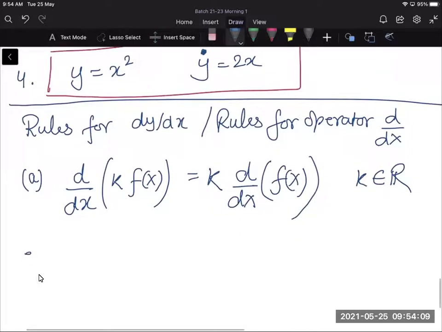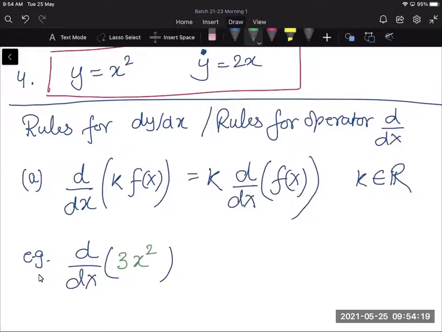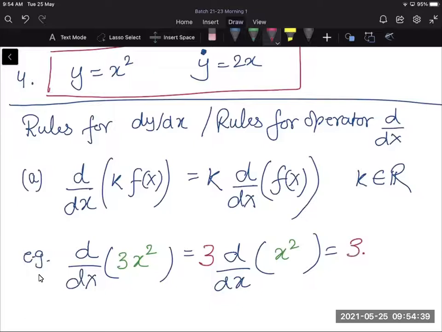I'll give you an example. So the example is that if somebody asks me to find dy dx of 3x square, right, then this will be equal to 6x. 3, okay, देखो 3 बाहर आ गया, d by dx of x square, right, which will be equal to 3 multiplied by 2x, right, which will be equal to 6x.